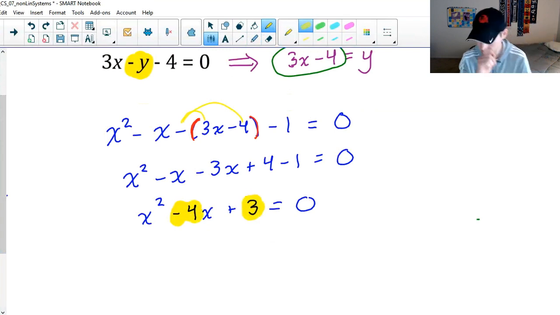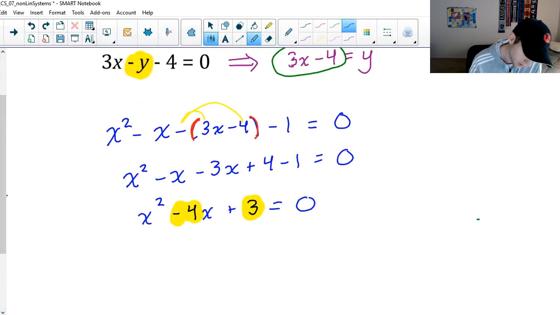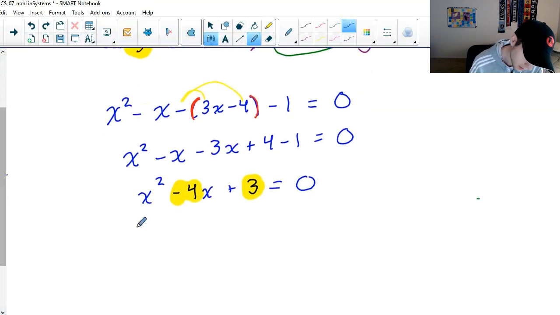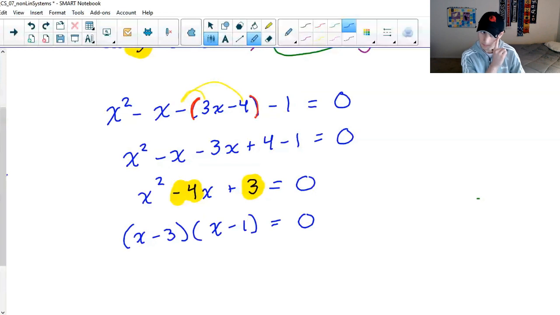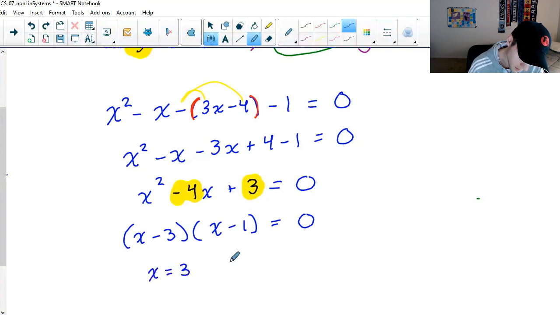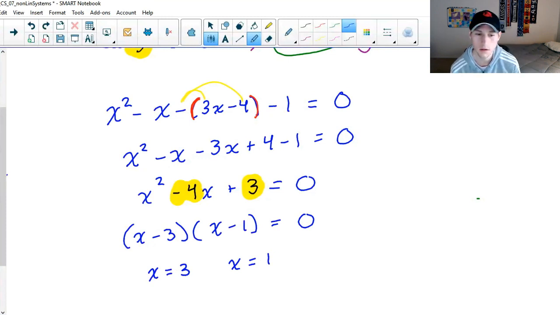All right, looking at my two numbers here. I just need two numbers that multiply to make 3, but add together to make -4. So that would be x minus 3 and x minus 1. If I set each factor equal to 0, for the first factor, I would get x equals 3.